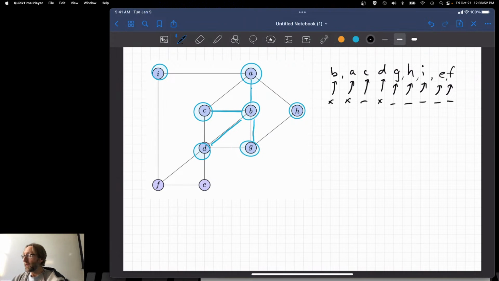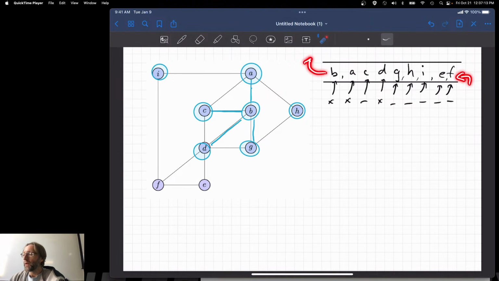Now, why did I write it in a row like this? What kind of data structure does that look like if I drew it like that? A list, okay. And things went in one way, and then they came out the other way.